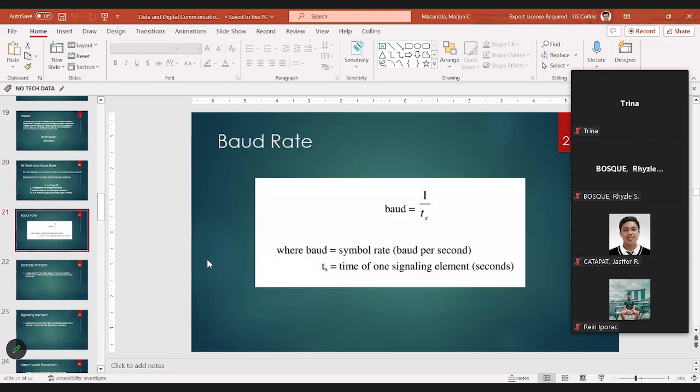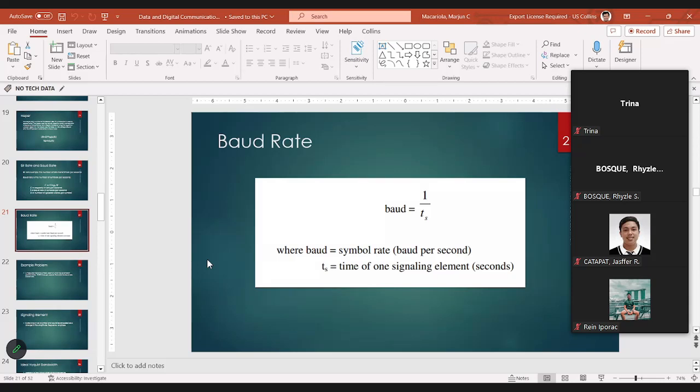Baud rate, or baud, is 1 over the time of one signaling element. Baud is the symbol rate, or symbols per second, or signaling elements per second. Then T sub S is the time of one signaling element.